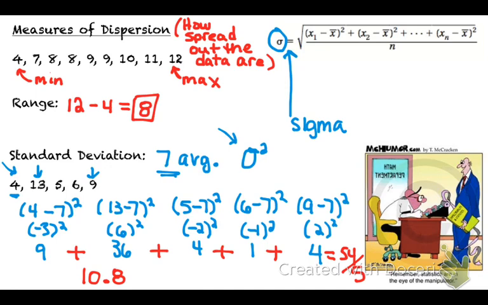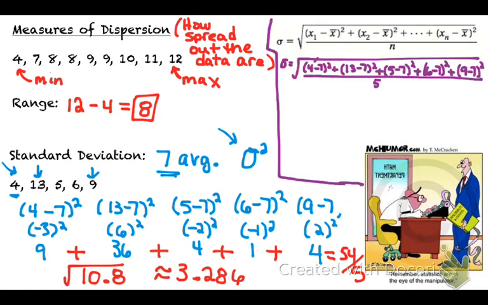But we don't want the variance, we want the standard deviation. So we need the square root of 10.8, and that is going to be approximately equal to 3.286. So remember I said we were subtracting the mean or the average in each one of these when we were finding the variance.